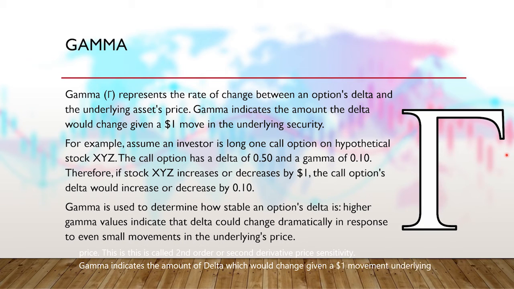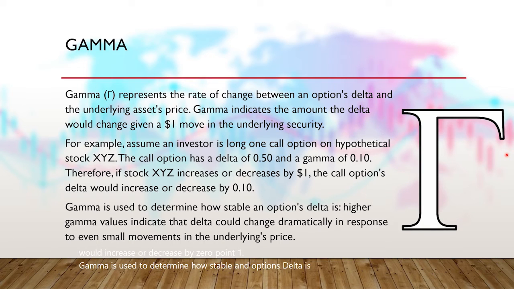For example, assuming an investor is long one call on a hypothetical stock, XYZ, their call option has a delta of 0.5 and a gamma of 0.10. Therefore, if the stock increases or decreases by $1, the call option's delta would increase or decrease by 0.1.